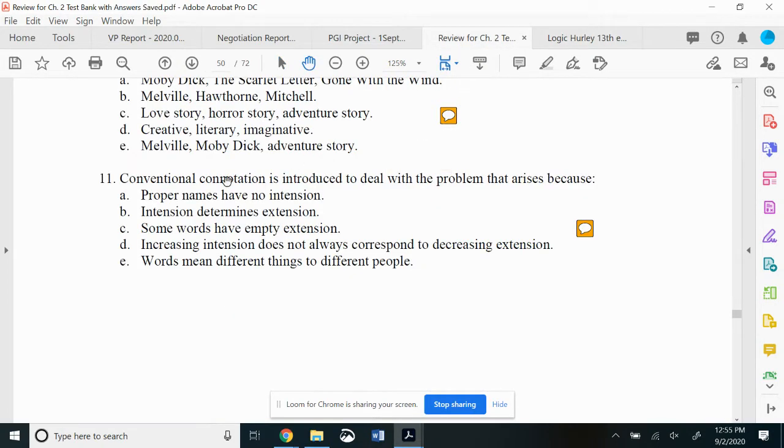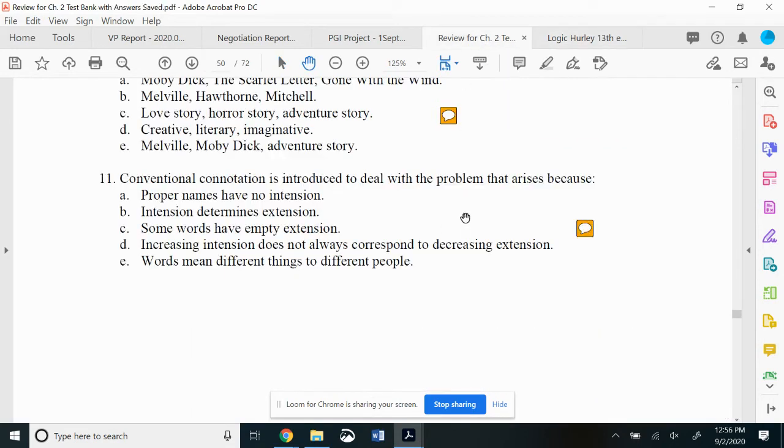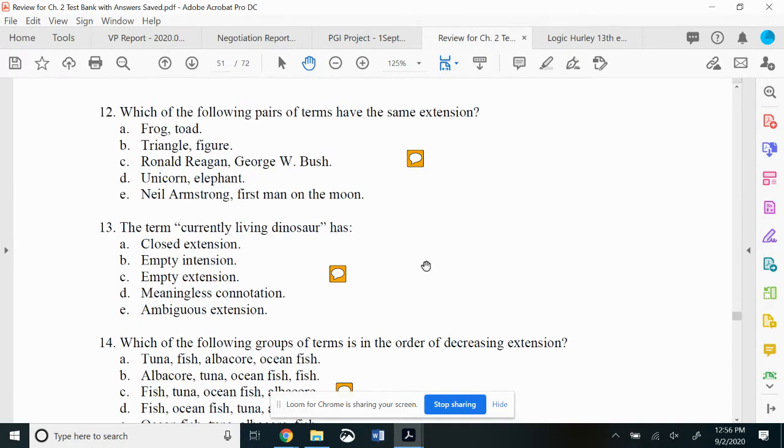So the reason that we're using connotation is we're trying to get very specific on what we mean when we say inventor or cat or novelist. We're getting very precise and we're giving you multiple properties and attributes. So that's what connotation does. It deals with the problem of different meanings, okay? It helps to make it more precise.